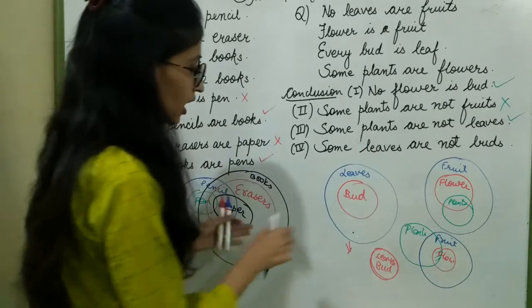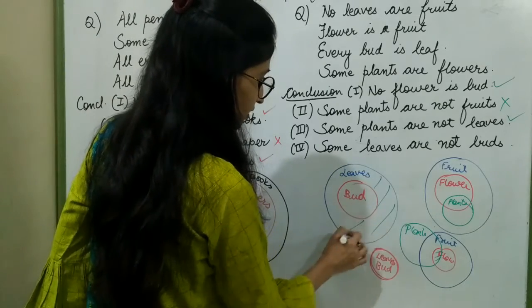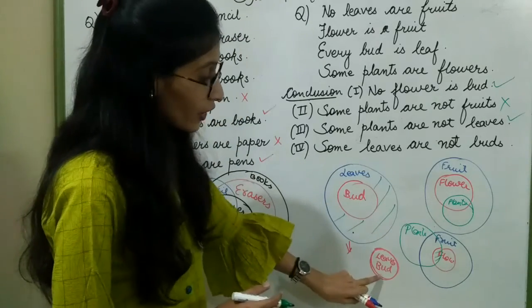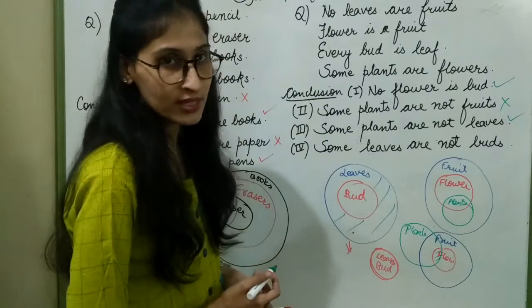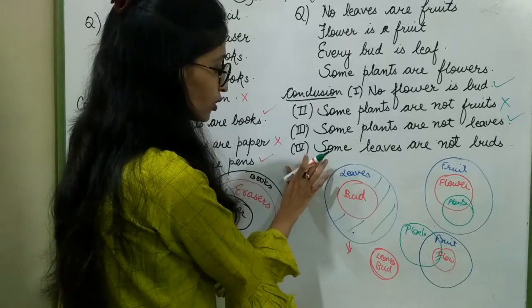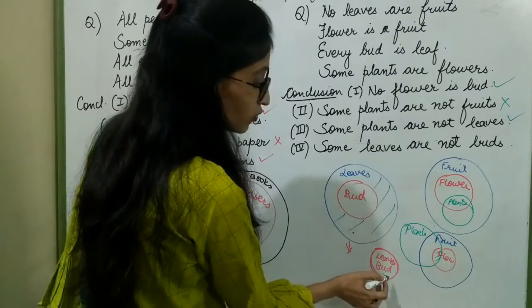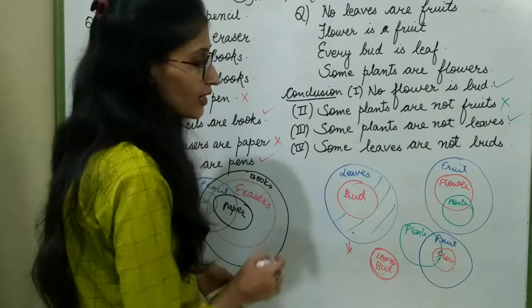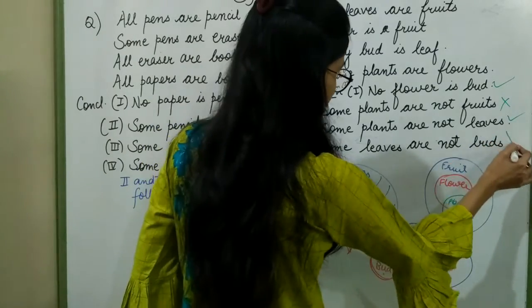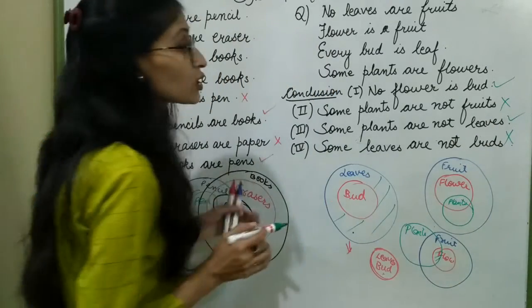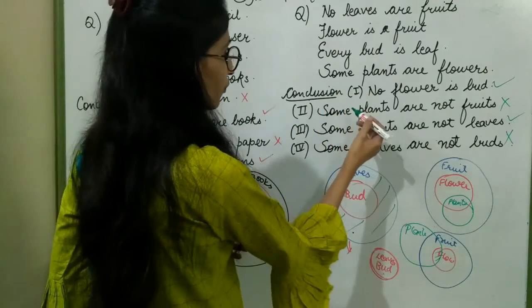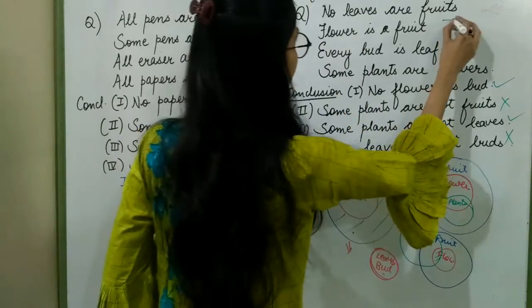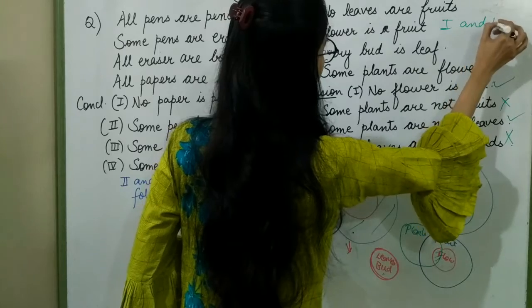But if I look at this Venn diagram, all the leaves are birds. So conclusion 4 is not satisfying this Venn diagram. So this is also false. So the correct answer for this question is conclusion first and third follows.